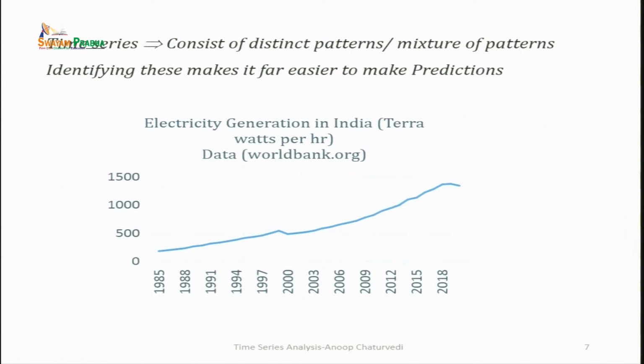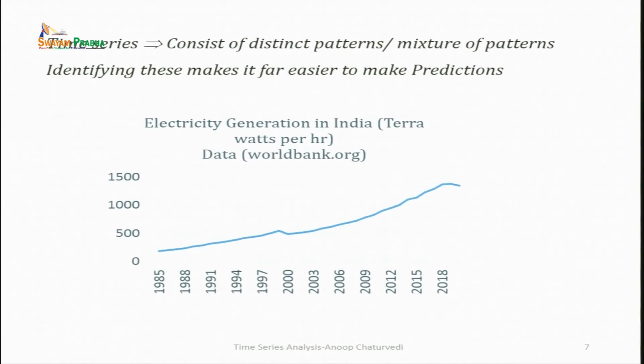It may be a mixture of trend as well as seasonality or cyclical component, and of course, randomness will always be there. And once you identify these components, then it becomes easier for you to make predictions.